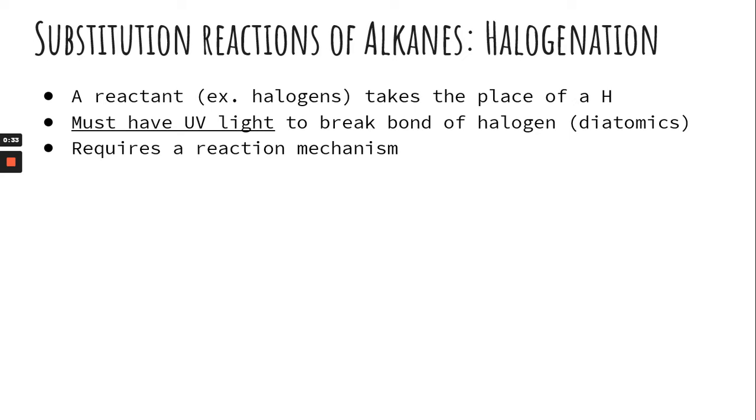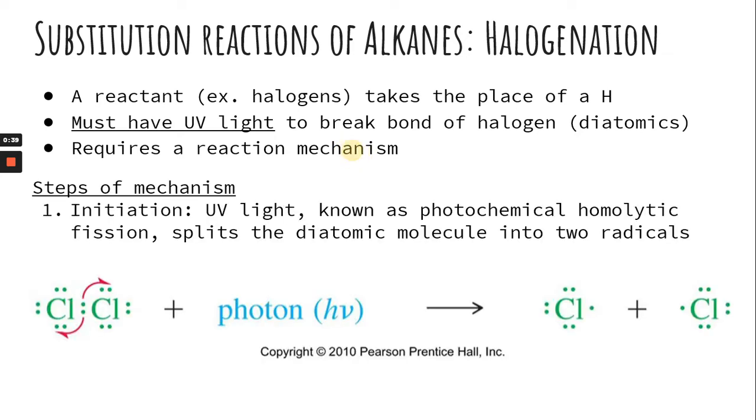Now, it does require a reaction mechanism, which means the reaction takes place in a series of steps. The first step is the initiation step, and that's when the UV light, known as photochemical homolytic fission, splits the diatomic into two radicals.